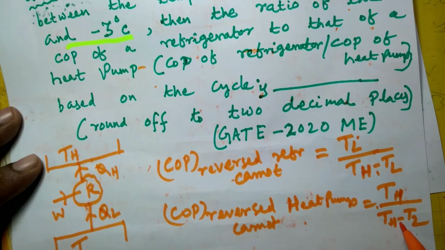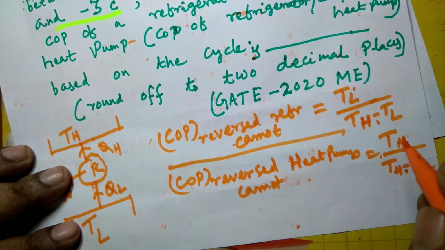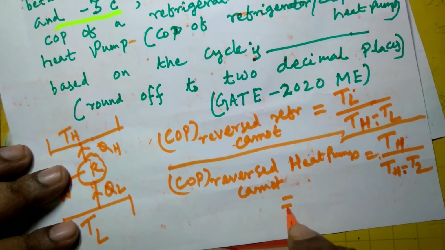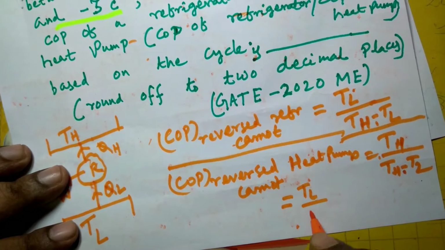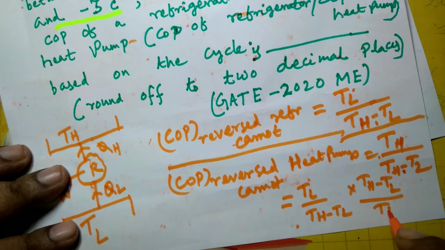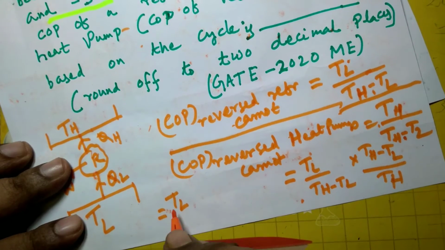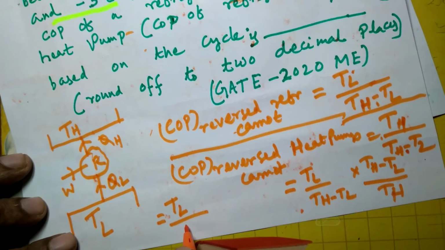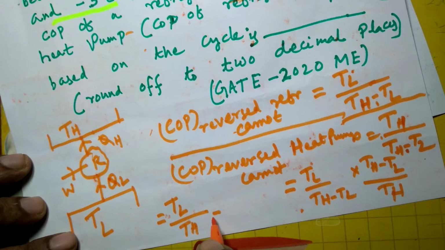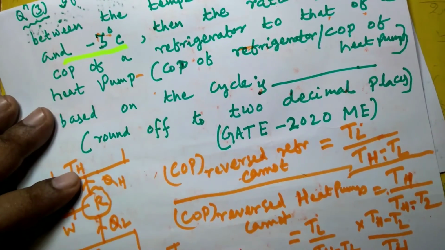this divided by this will be nothing but TL upon TH, and the low temperature is minus 3 degrees Celsius. So in terms of Kelvin, this is 270 Kelvin.